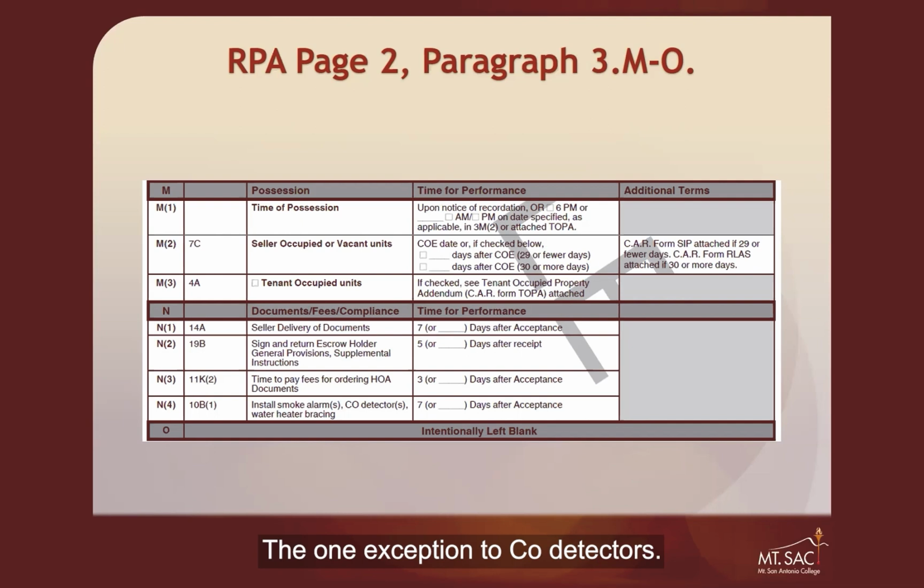The one exception to CO detectors is if you have an all-electric home with no fireplace and no attached garage. If all of your appliances, including the furnace and the water heater, are electric, if you don't have a fireplace and you don't have an attached garage, nothing's burning. At least nothing's supposed to be burning, right?